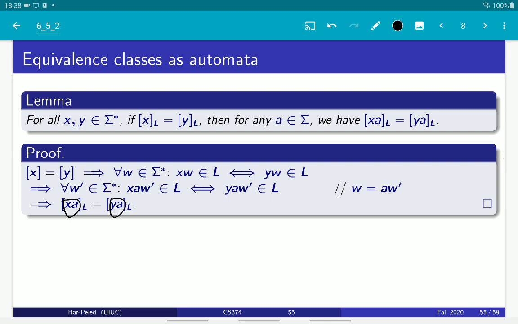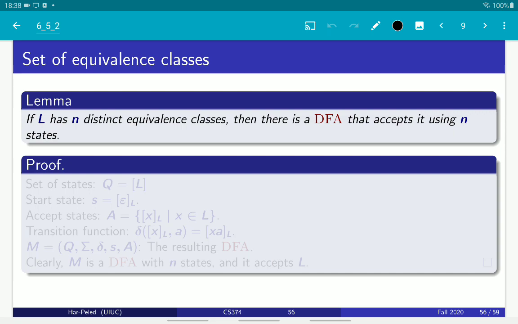Why is this interesting? Well, it implies that we can think about the equivalence class a string is in as being its state in the automaton, right? So here's the statement. If L has n distinct equivalence classes, then there is a DFA that accepts it with exactly n states.